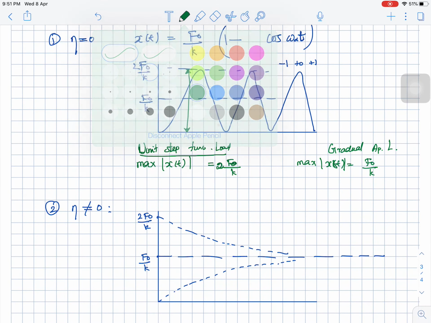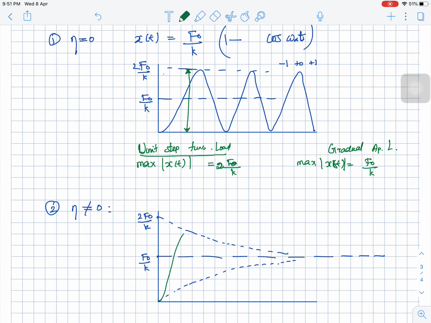So then the response will be like this. It will gradually come to the value, since it is a unit step load, it will decay to f naught by k.